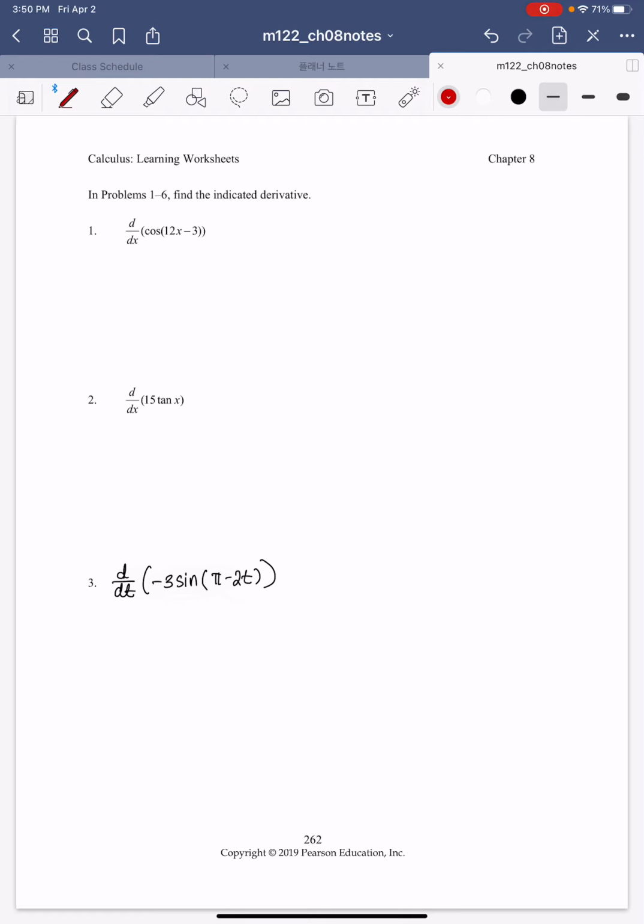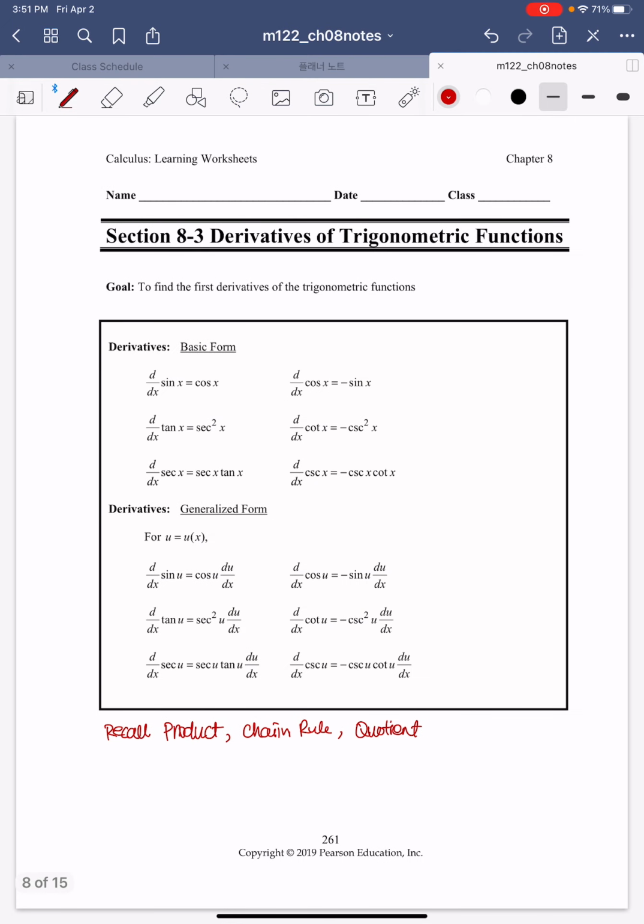It's not simply cosine x, we have something inside here, 12x minus 3. That means we have to use the chain rule. Cosine u, and then times du. What is the derivative of cosine? Derivative of cosine is negative sine.